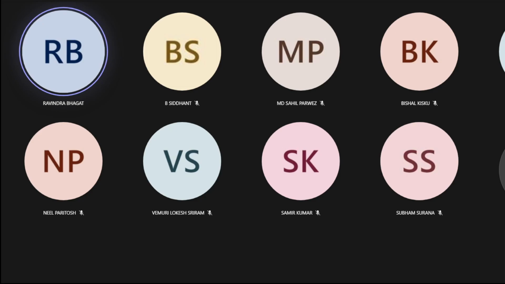People are here. Downloading attendance list.